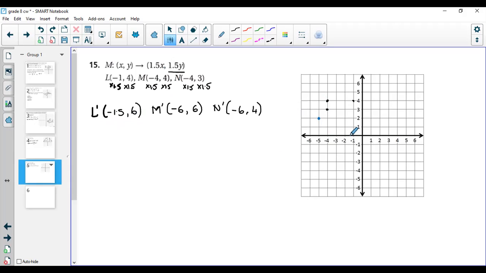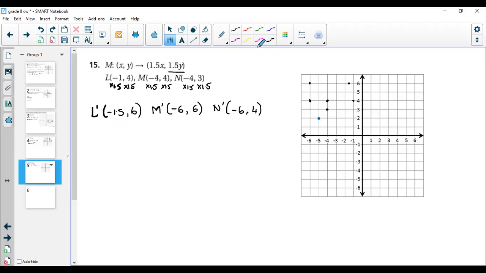As you know, 1.5 is between 1 and 2, negative 1 and negative 2. So I take 1.5 in between and plot that point here. So this is negative 1.5 and 6. Similarly, negative 6 and 6 is here. Negative 6 and 4 is here.